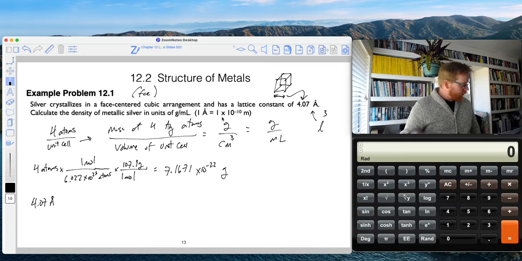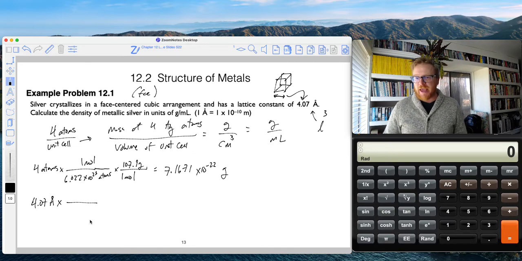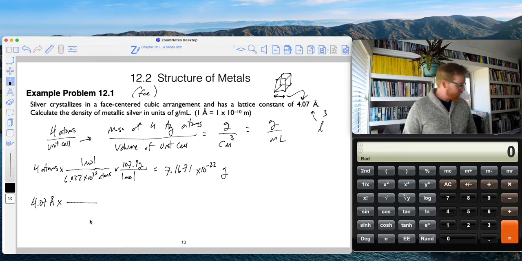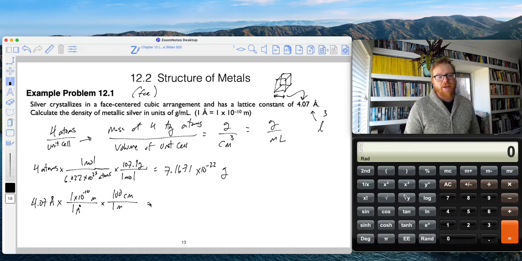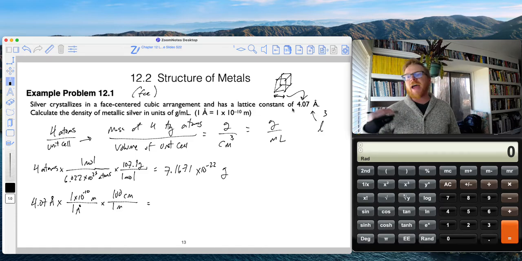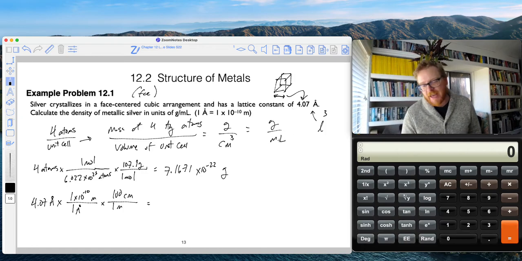I give you the angstrom unit; I don't expect you to have it memorized, though if you do chemistry as a major, you'll probably learn it by heart. In 1 angstrom there is 1 times 10 to the minus 10 meters. Then in 1 meter there's 100 centimeters. I want centimeters because if I cube a centimeter, I get a cubic centimeter, which is the exact same thing as a milliliter.